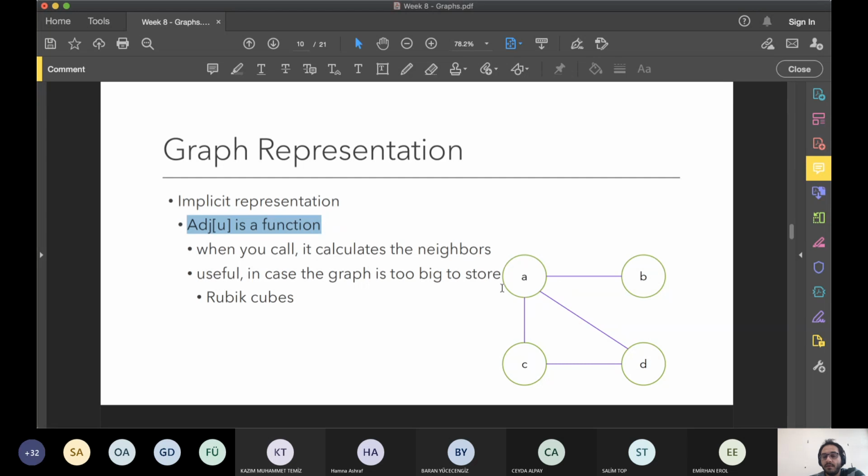When we ask for the neighbors of A, this function calculates the neighbors of A. And this is useful when the graph is too big to store.